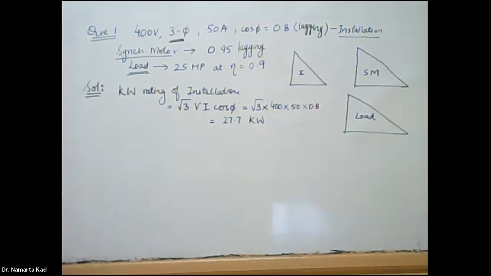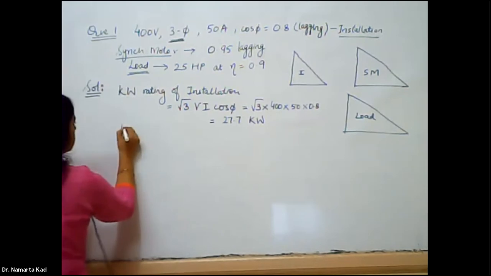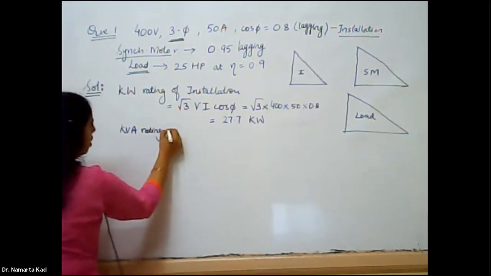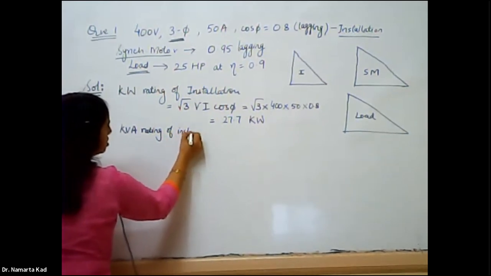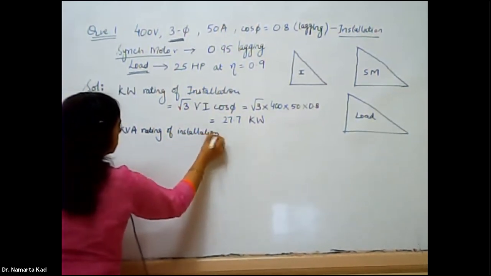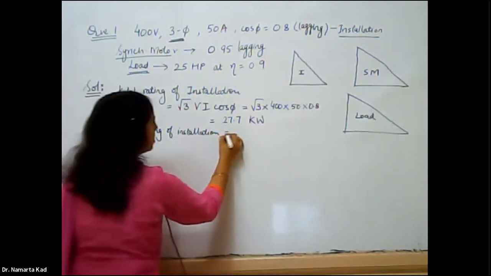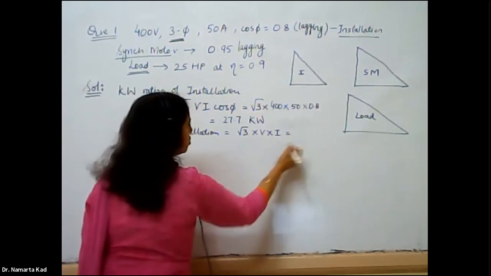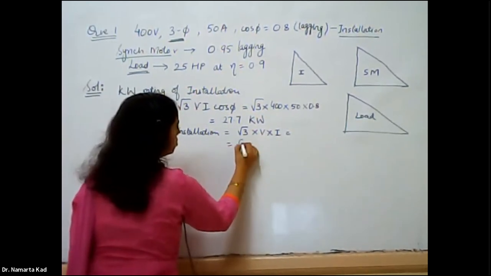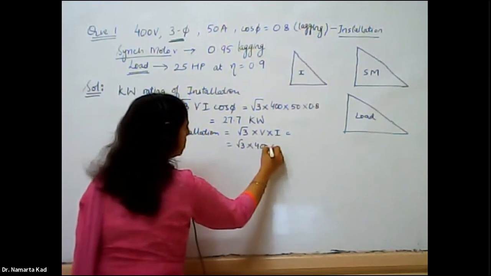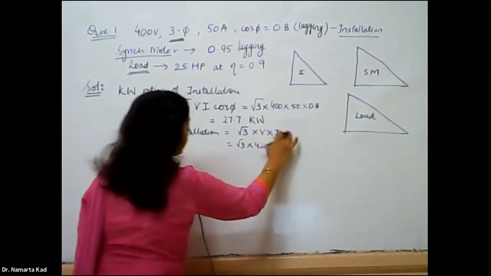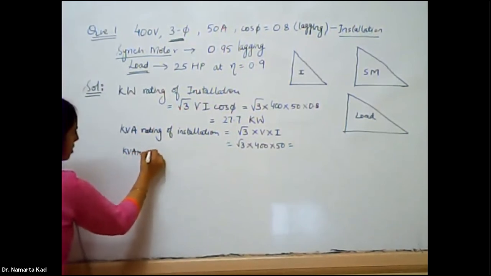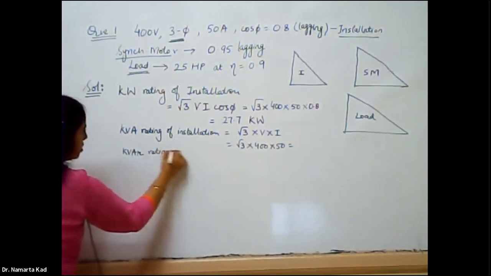Now the kVA rating of installation. We know that the kVA rating is simply root 3 into V into I. So it is root 3 into 400 multiplied by 50. Similarly, the next is to calculate the kVAR rating of installation.